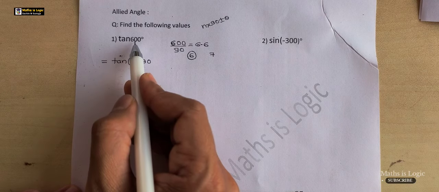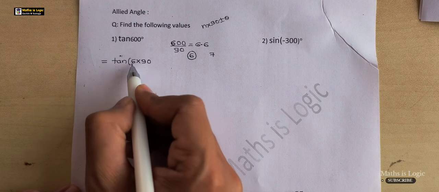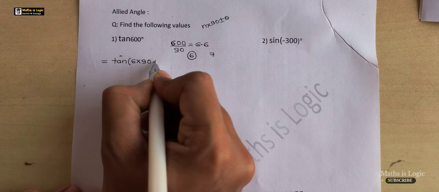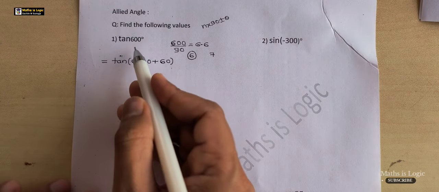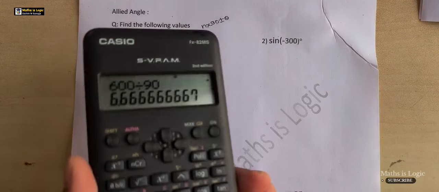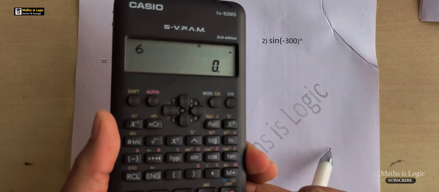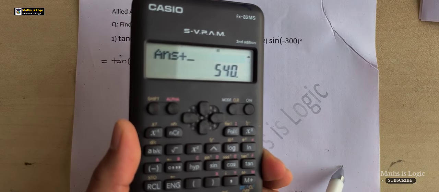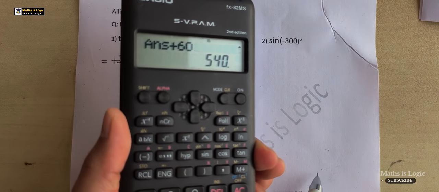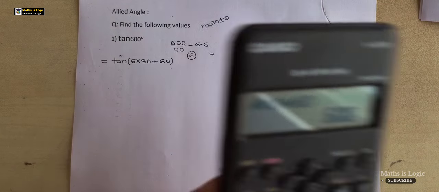But we need how much? 600. Therefore for this 540 we need to add 60, then only we will get 600. You can see 6 into 90 is 540; if I add 60, then only it will become 600.